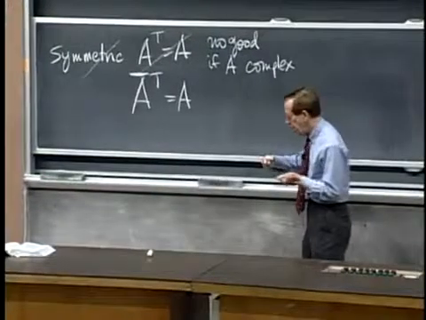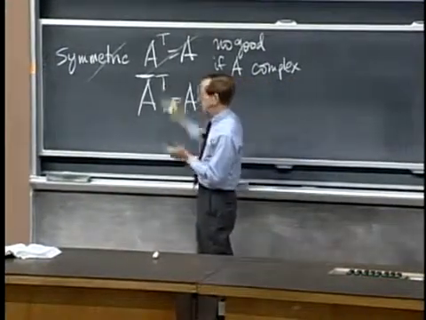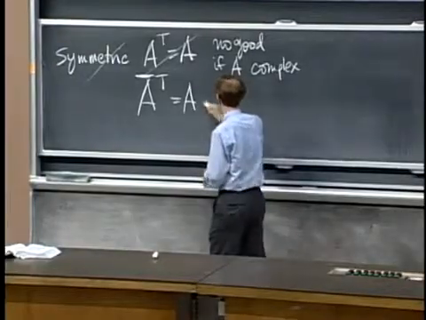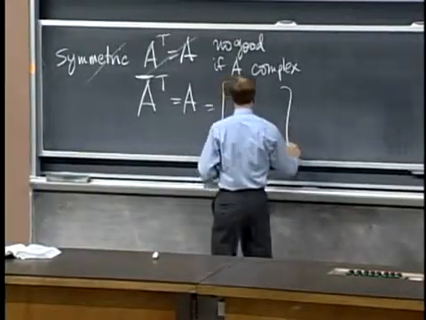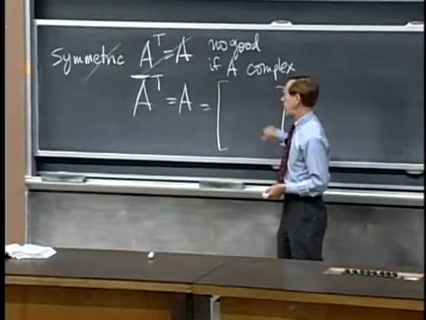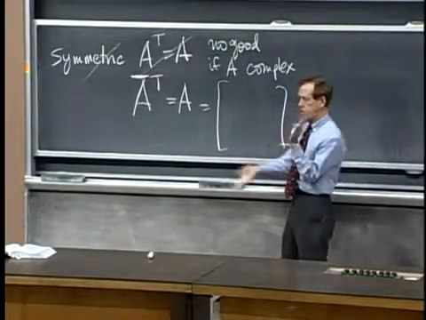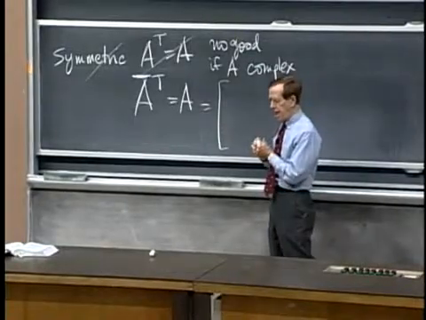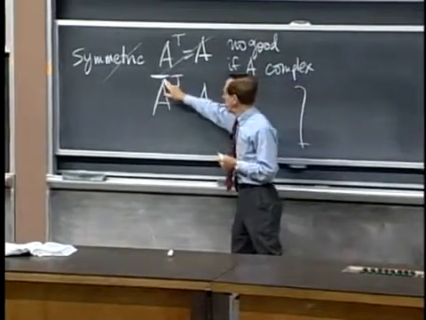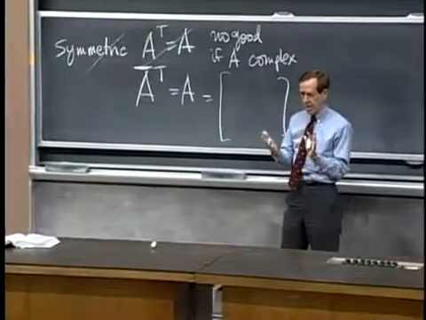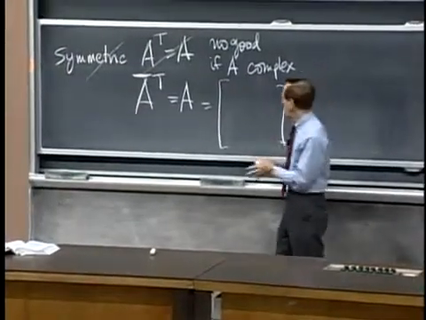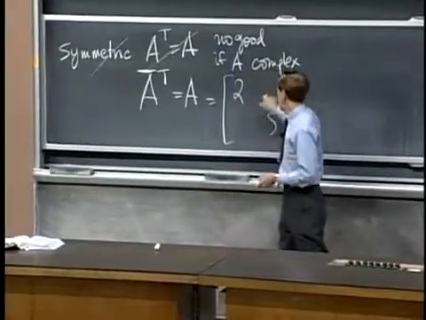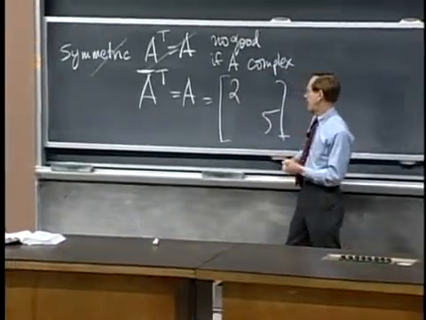The symmetry now means when I transpose it, flip across the diagonal, and take the conjugate. So for example, here would be an example. On the diagonal, it better be real, because when I flip it, the diagonal is still there, and then when I take the complex conjugate, it has to be still there. So it better be a real number. Let me say 2 and 5. What about entries off the diagonal?